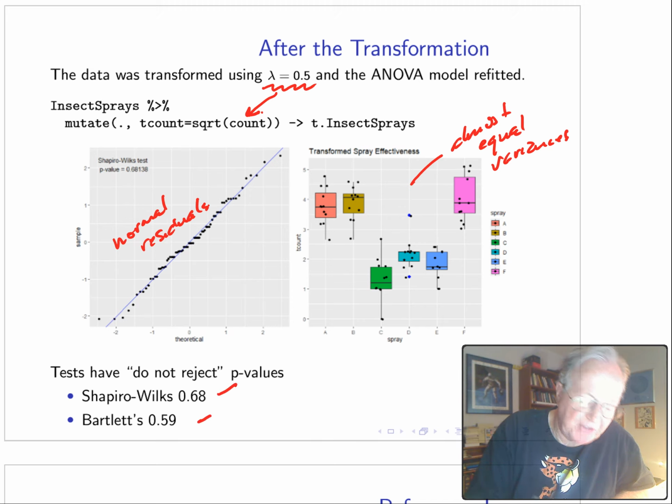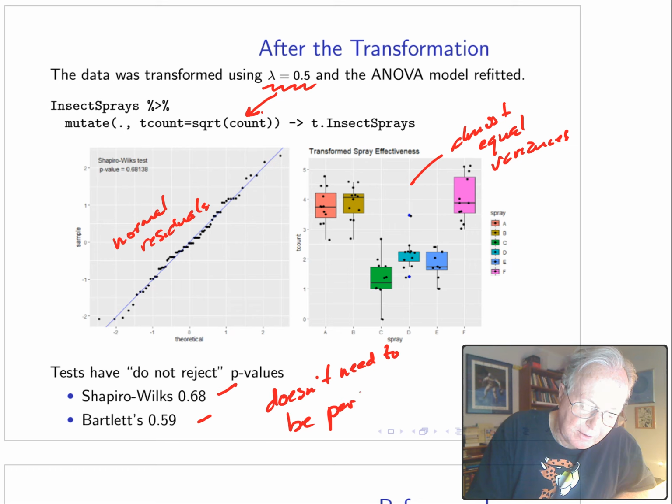The hypothesis tests testing each of those both had very, very high p-values, and so this said that the data is adequate for being analyzed with ANOVA. Remember, it doesn't need to be perfect. Just good enough.